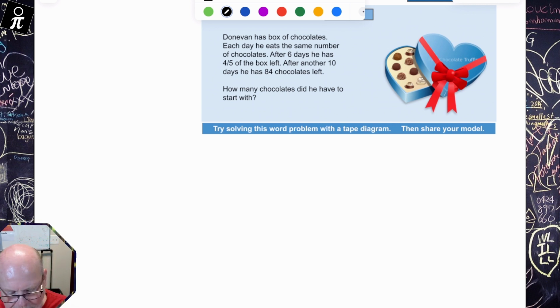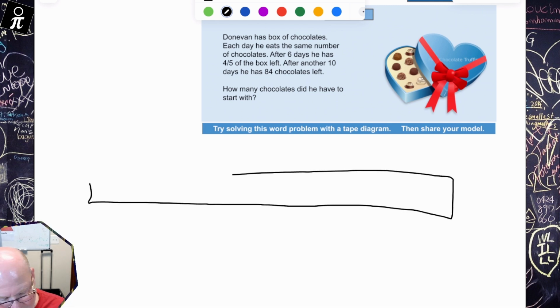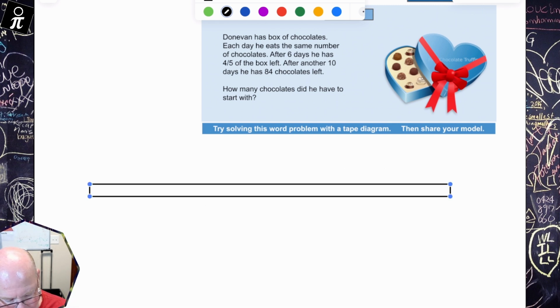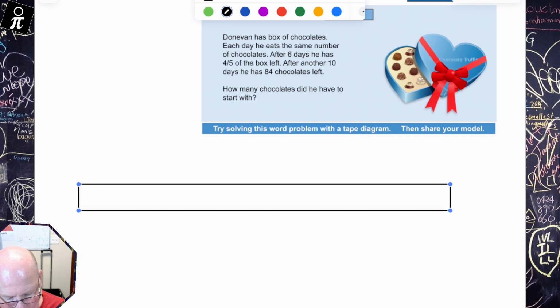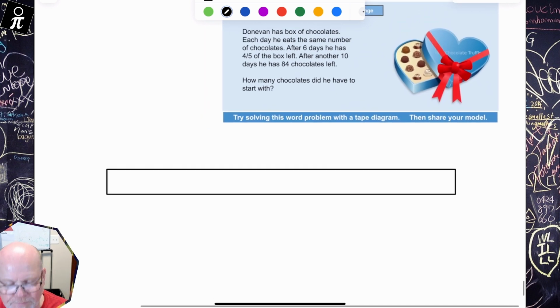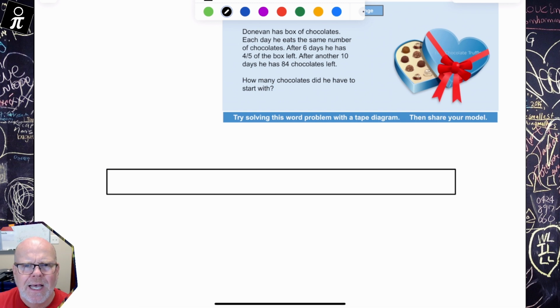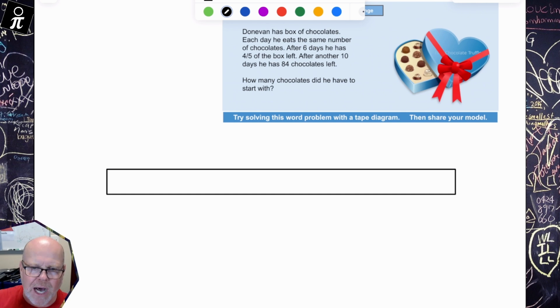All right, well, okay, so let's start by just drawing our big, huge tape diagram to represent this whole problem. This feels like a one tape kind of problem. And then it says, each day he eats the same number of chocolates, and after 6 days he has 4/5 of the box left.